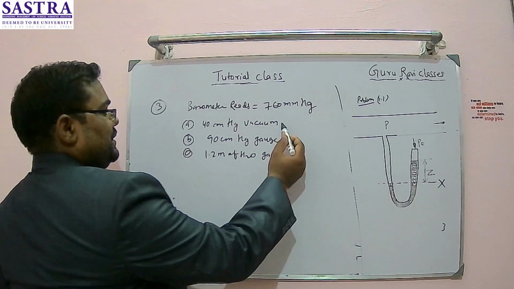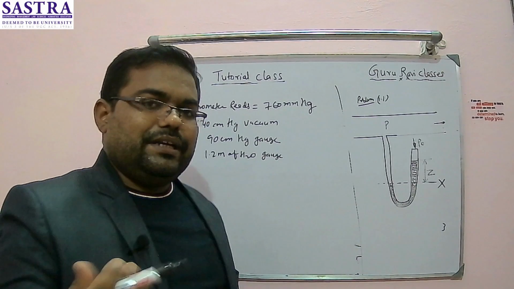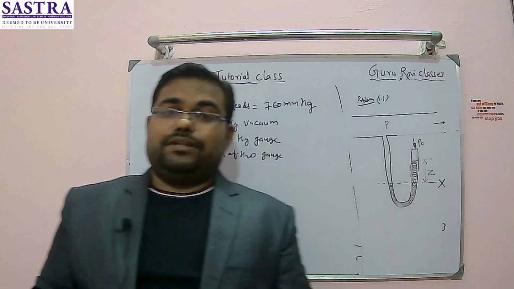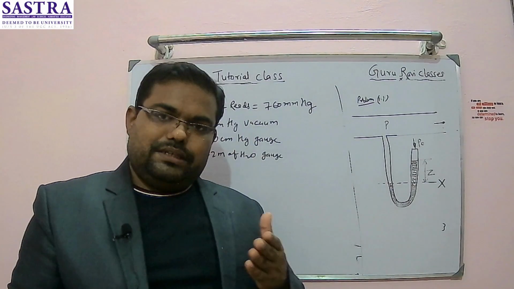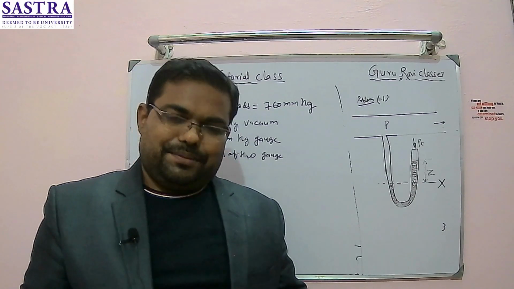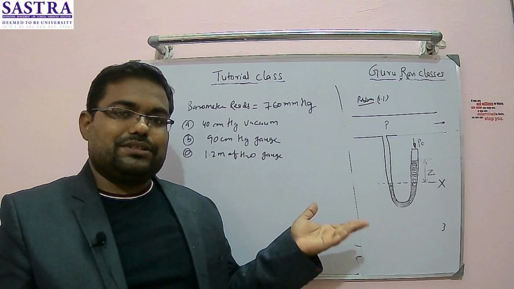These two you can easily do, because in the previous numerical problem I mentioned gauge pressure. If you are going to convert into absolute, you need to add the atmospheric pressure. If you are going to convert the vacuum pressure into absolute, you have to subtract it from the atmospheric pressure, and the last one is in H2O, so that needs to be written in Pascal, then you can add.